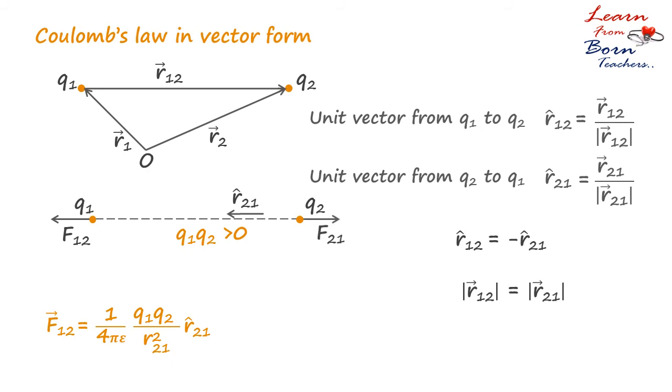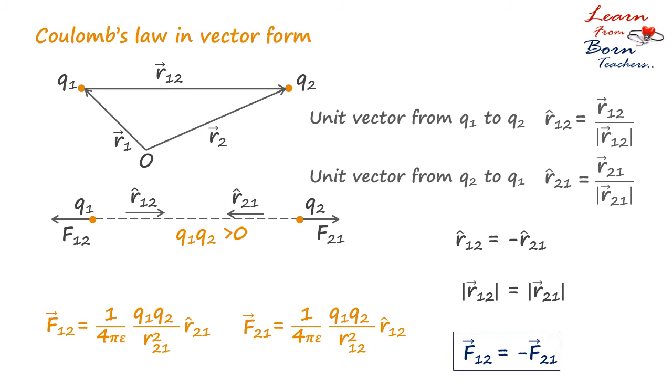The force experienced by q2 due to q1 is F21. It can be expressed with the direction towards right. It is given by the unit vector r12 cap. That is, F21 is equal to 1 by 4 pi epsilon q1 q2 by r12 square into r12 cap. These two forces are equal in magnitude and opposite in direction.